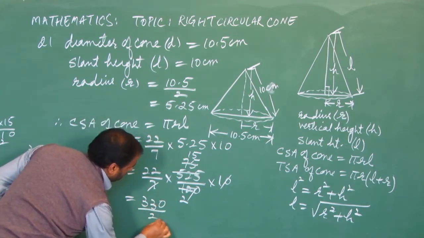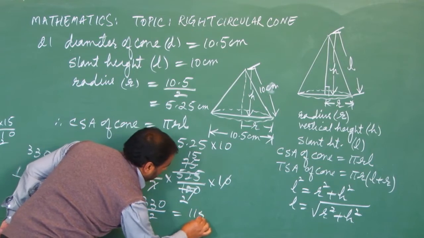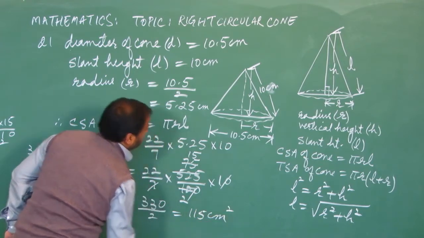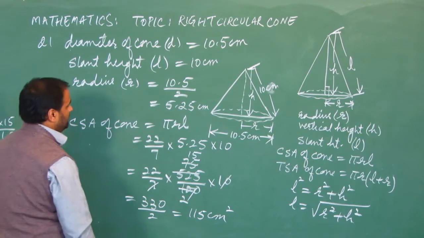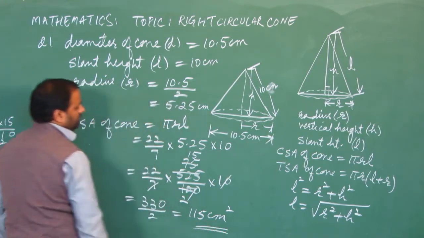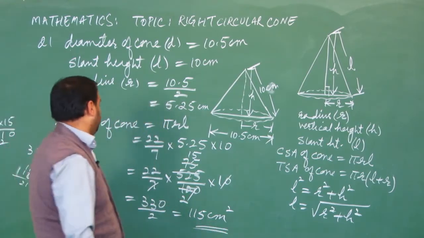Divided by 2, that is 115 centimeters square. So the curved surface area of that cone is 115 centimeters square.